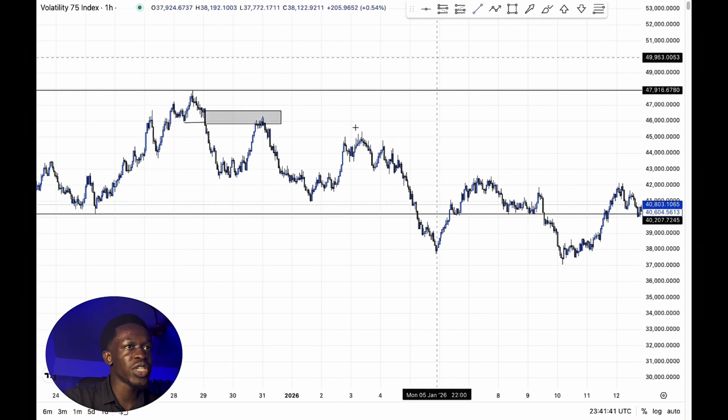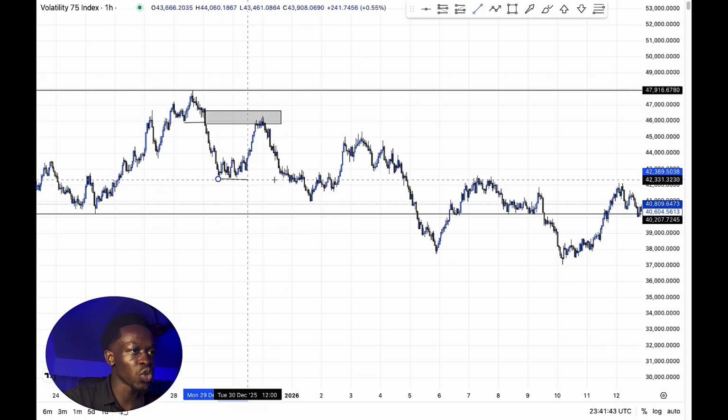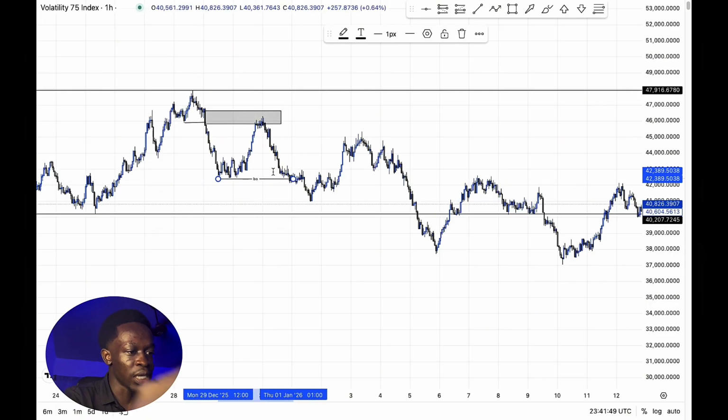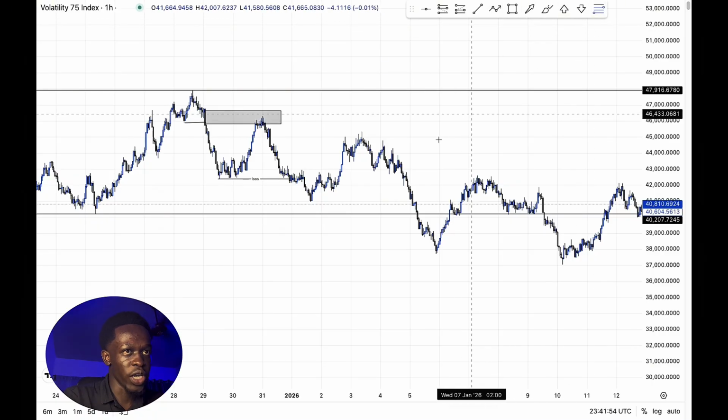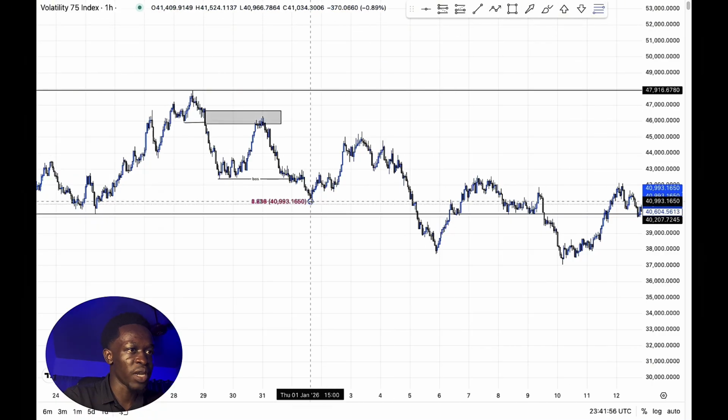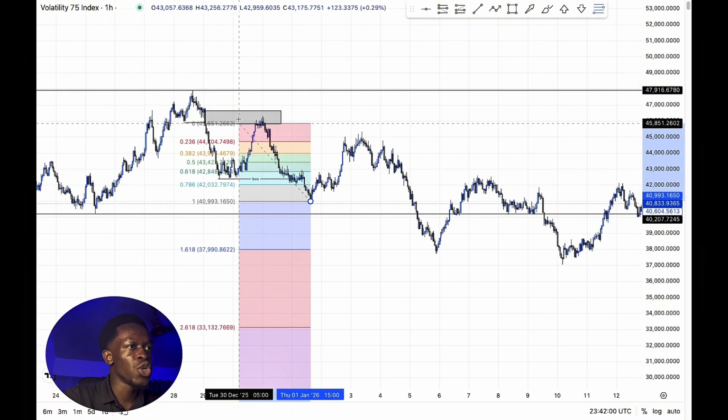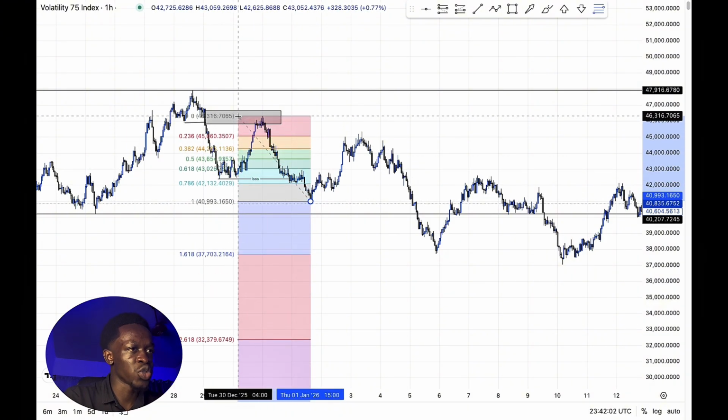So this was the first entry that happened, but I didn't get this one. So for the second entry that happened, we got a breakout structure to the downside. Markets broke that previous structure to the downside. So the next thing you are going to do again is to take your Fibonacci retracement, from the point where market started retracing from to the origin that caused the breakout structure.